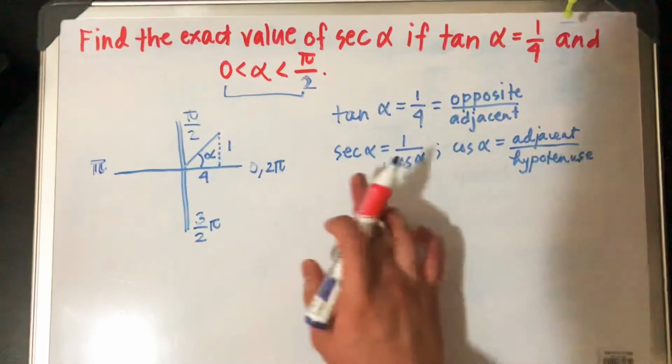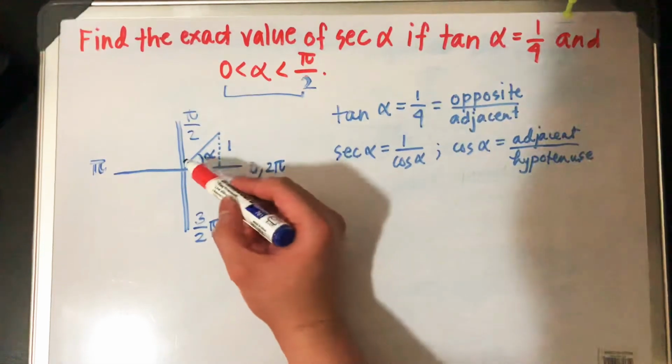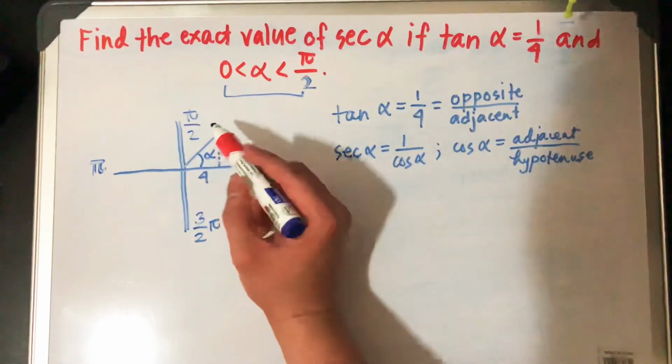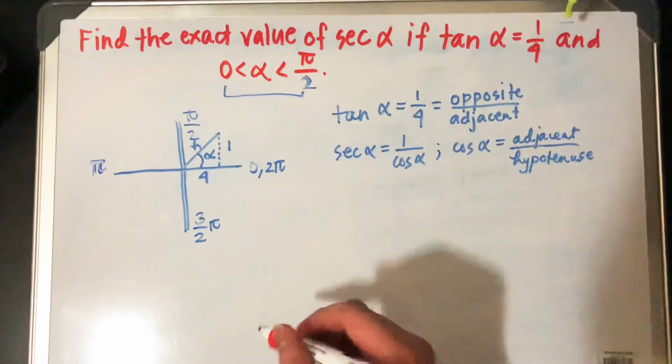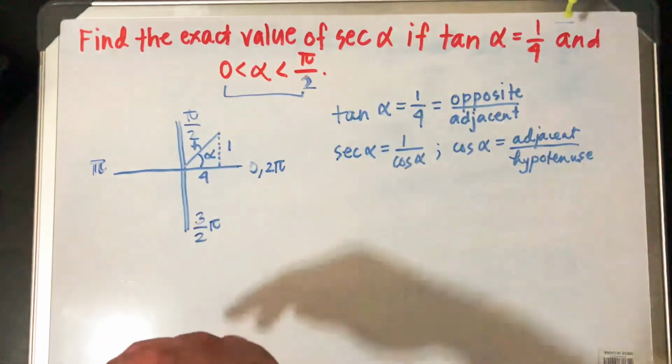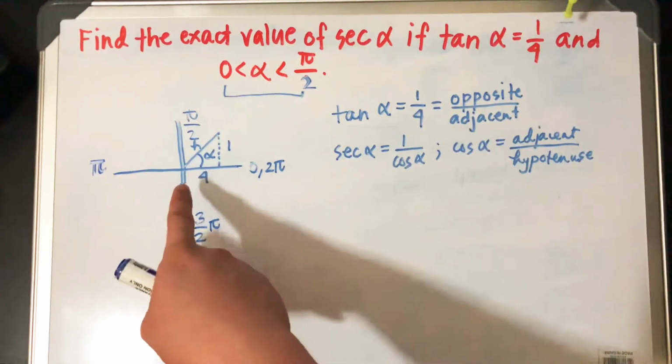In this case, this is our hypotenuse, so we designate it as h. Now, how are we going to get the hypotenuse?